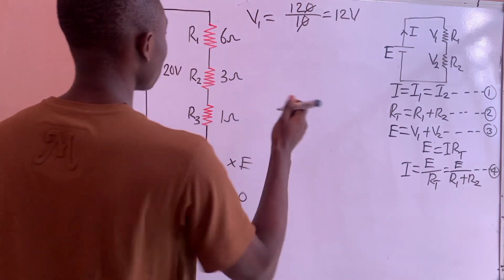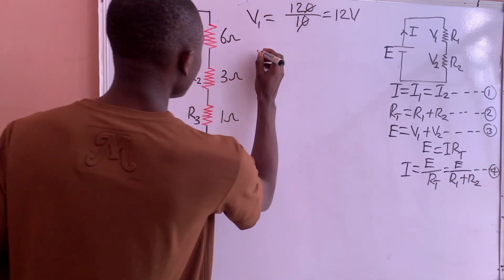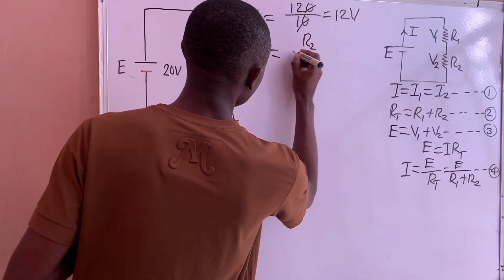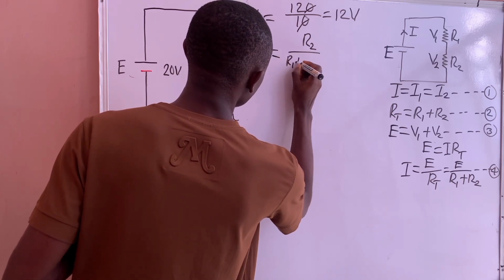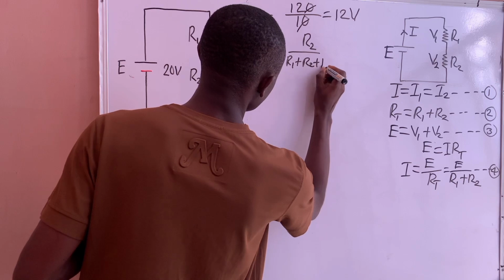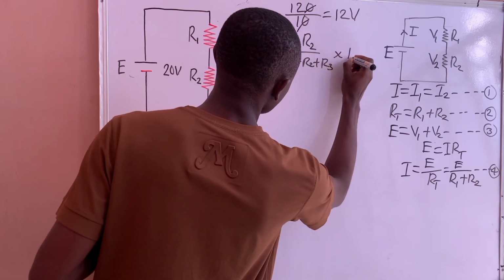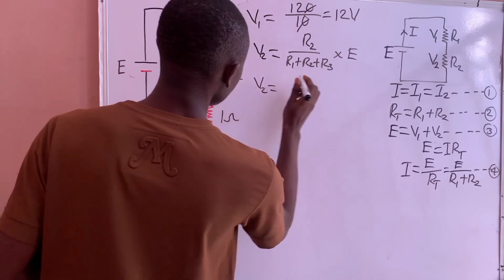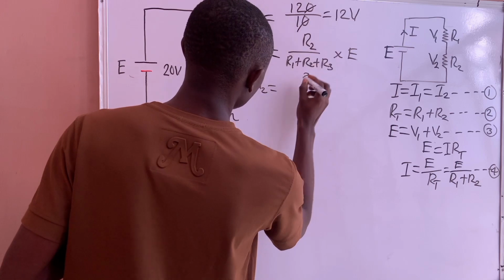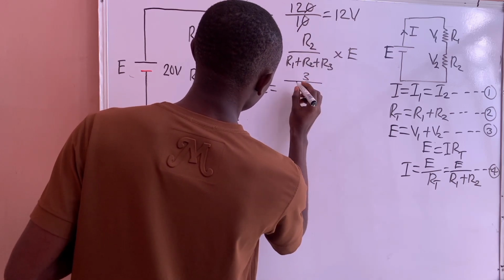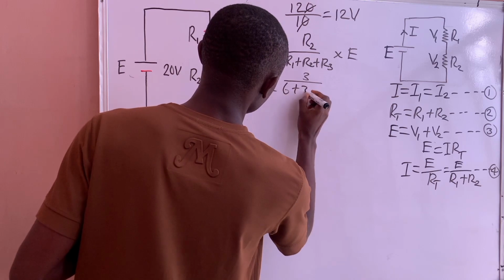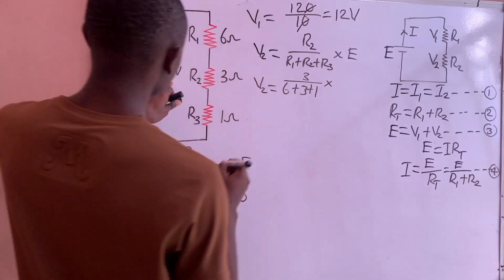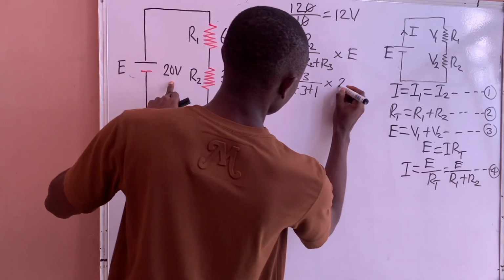So now the voltage that will drop across R2 will be V2, with this formula, which will be R2 over R1 plus R2 plus R3 multiplied by E. So V2 will now be equal to 3, which is the resistance value of resistor R2, over 6 plus 3 plus 1, multiplied by the source voltage, which is 20.